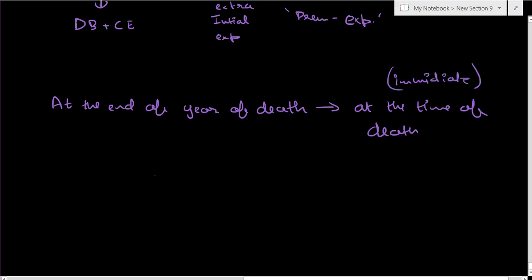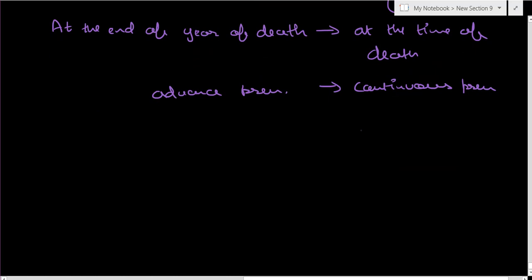And instead of these premiums, which are payable in advance, let's take continuous premiums. Okay, and let us consider that the expenses are also payable continuously. Okay, so this is the new example I have.